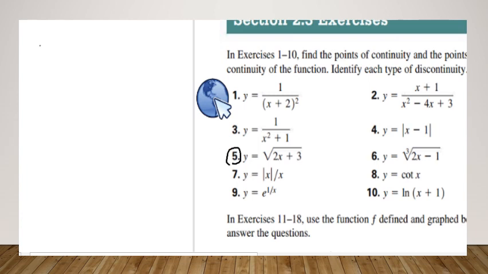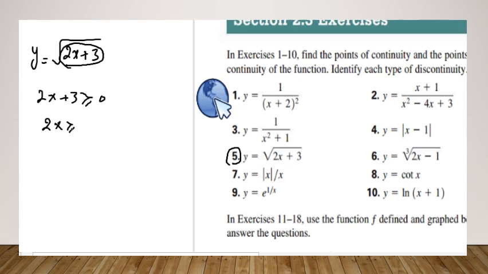Number 5, y is equal to the root of 2x plus 3. We all know that what belongs under the root should be greater than or equal to 0. So 2x is greater than or equal to negative 3, so x should be greater than or equal to negative 3 over 2. So the least value of the interval is negative 3 over 2.